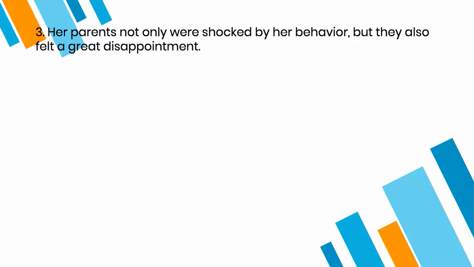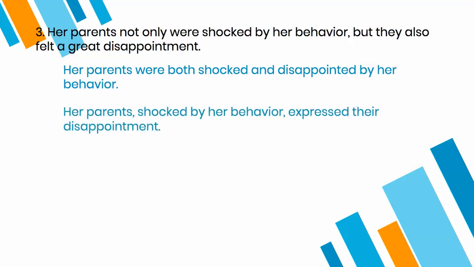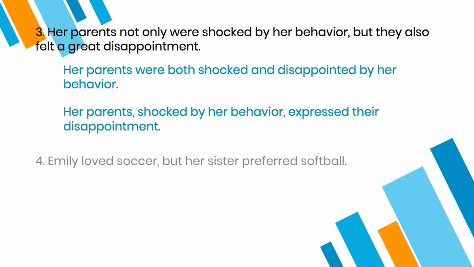So I need to change the relationship. You could say, her parents were both shocked and disappointed by her behavior, so turn them both into passive voice. Or: Her parents, shocked by her behavior, expressed their disappointment. So here you're taking more of a descriptive phrase and embedding that and emphasizing the idea of expressing disappointment.